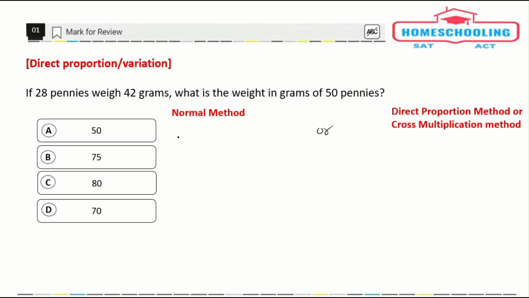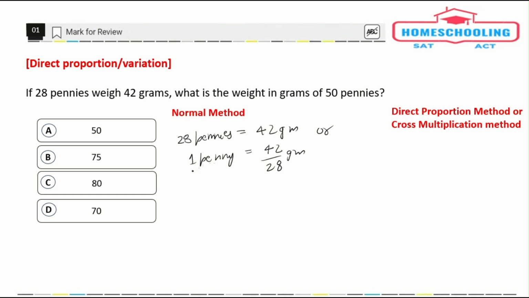As the question says, 28 pennies weigh around 42 grams. From this we can say that one penny is equal to 42 divided by 28 grams.